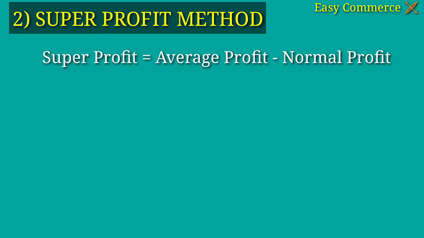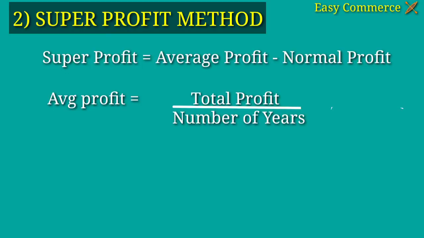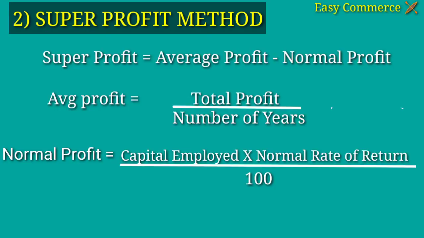We know how to calculate the average profit. Average profit is the total profit divided by number of years, that we already studied in the earlier class. Then we need to calculate the normal profit. Normal profit equal to capital employed into normal rate of return divided by 100. Capital employed or funds employed is the total amount of capital used for the acquisition of profit by a firm.